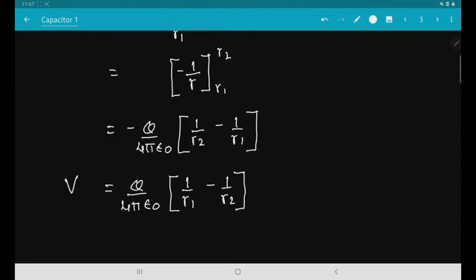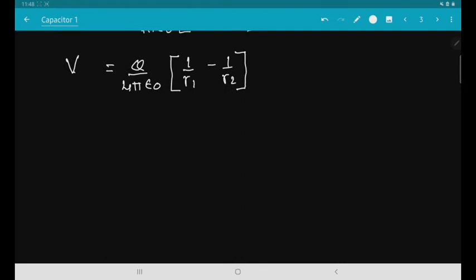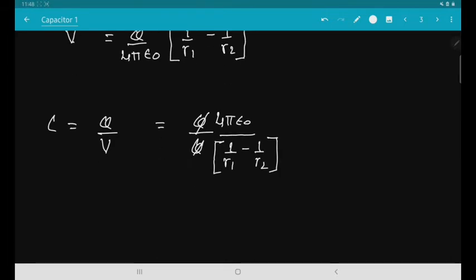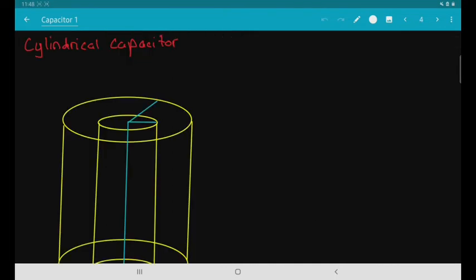This is because the potential due to a positive charge will be positive. So now we can find the capacitance. Capacitance will be q divided by this potential. That potential we can write now as q by 4πε₀ times (1/r1 minus 1/r2). 4πε₀ is in the denominator, it will go in the numerator here. We can cancel this q. This will be the equation for spherical capacitors. Now the same method let us apply for cylindrical capacitors.